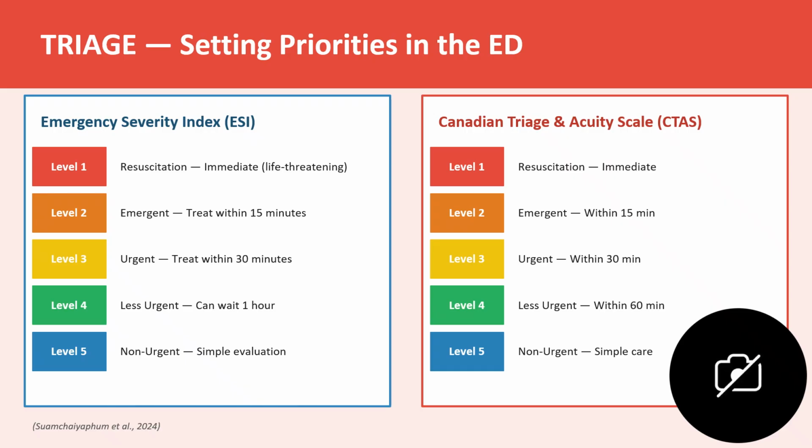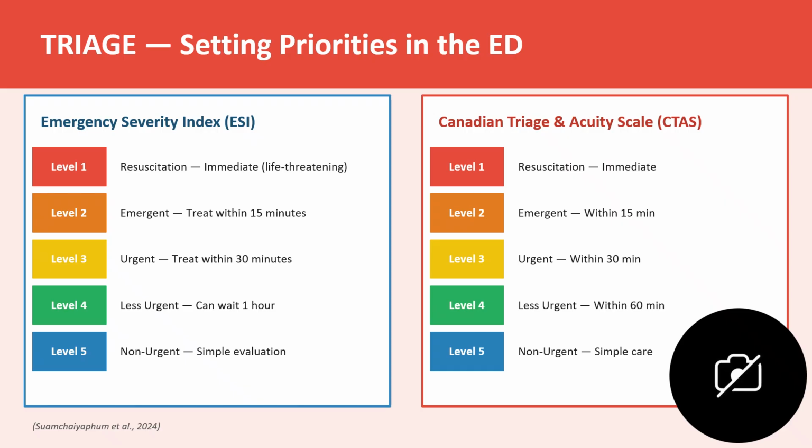And level 2 is emergent, treat within 15 minutes. Level 3 is urgent, and we have to treat urgent patients within 30 minutes. For level 4, it is less urgent, so we can wait 1 hour. Level 5 is non-urgent, so it's just a simple evaluation.